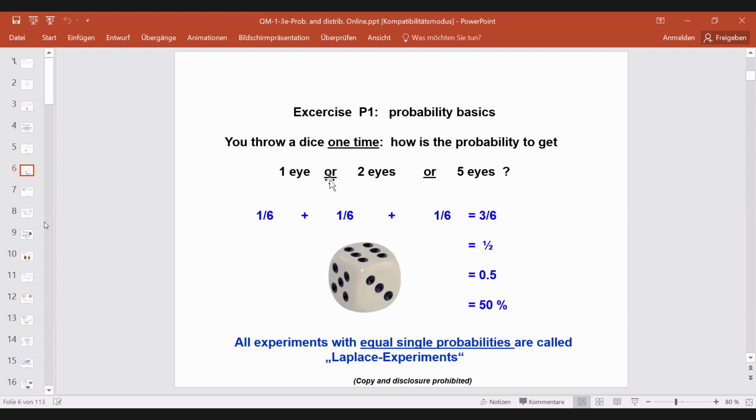If the question is 1 eye or 2 eyes or 5 eyes, you have to do an addition. So here you have the plus between the single probabilities, and the result, of course, is 50%. All experiments with equal single probabilities, like you see here, 1 to 6, 1 to 6, 1 to 6, are called Laplace experiments.